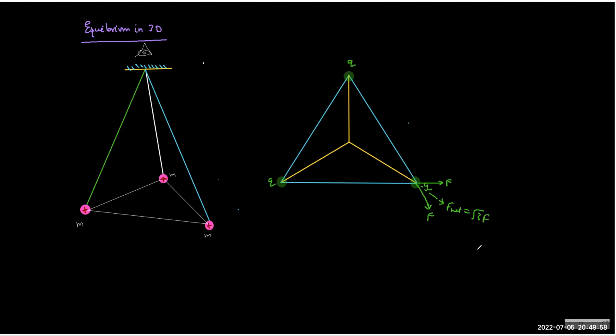So nothing extraordinary has happened. The only difference is the net force on any one charge will act like this, which is now root 3 F, which you need to derive from the dimension of the triangle. And the gravity will act like this. And now I have to do one more thing, which is the vertical.